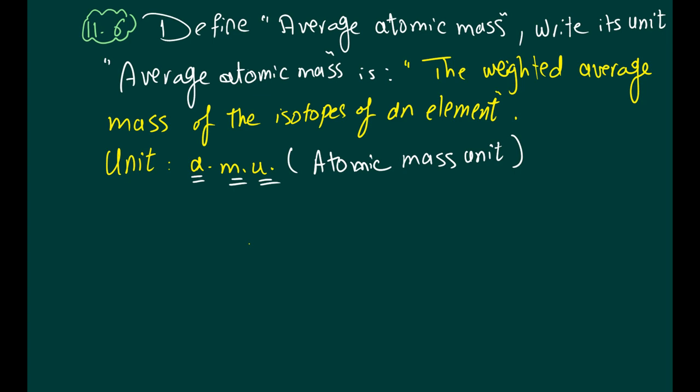In 11.6, you will learn what the average atomic mass is and what its unit is. Average atomic mass is the weighted average mass of all isotopes of an element, and it has the unit amu.